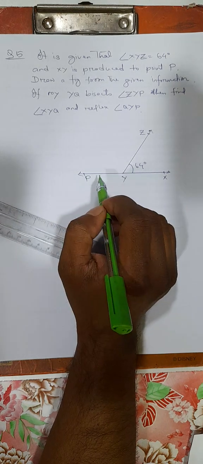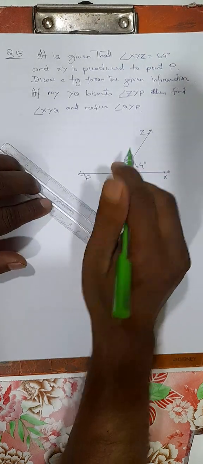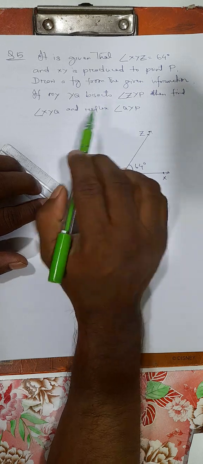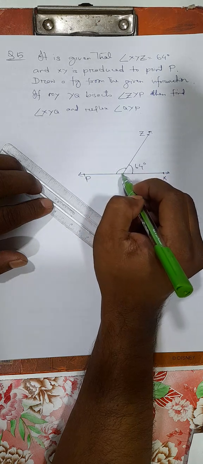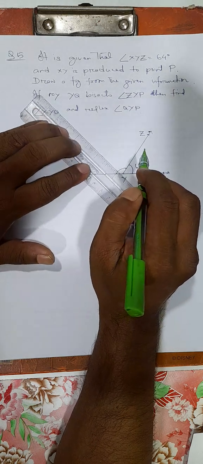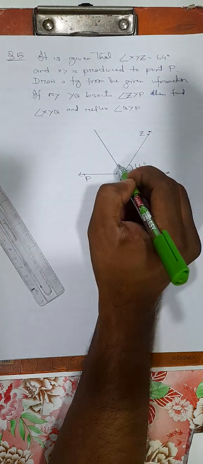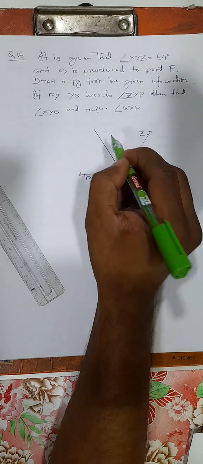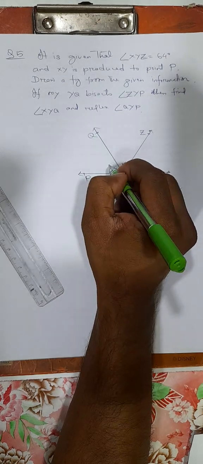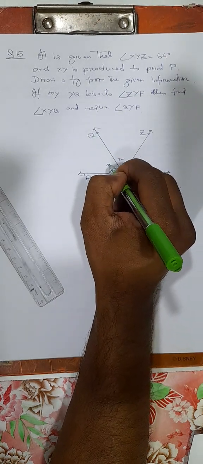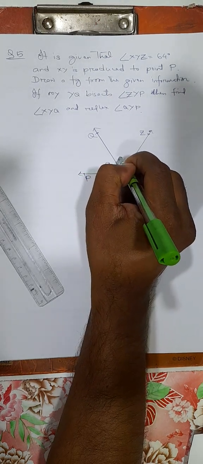We got this figure. If ray YQ bisects angle ZYP, ZYP means this angle, you have to make another ray. Ray YQ bisects means the ray will divide this angle equally into two equal parts. So let us make it like this. Now this angle and this angle are equal. This is Q, suppose. Since symbol X is already used, we will write it as A, and this is also A. These two angles are equal.